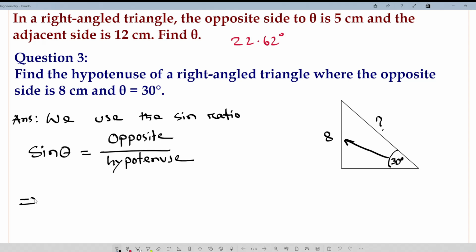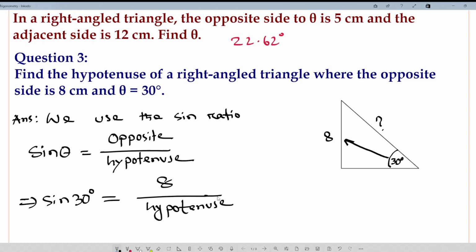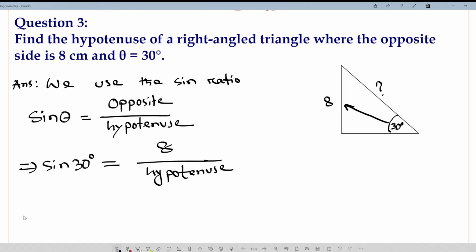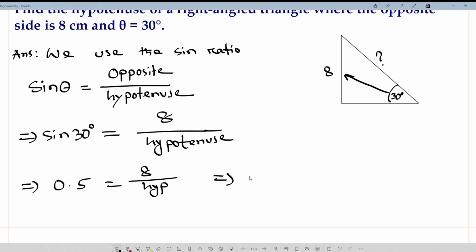So here sine 30 degree equals opposite, which is 8, over hypotenuse. Sine 30 degree we know is 0.5, and here is 8 over HYP. So HYP equals 8 divide 0.5.